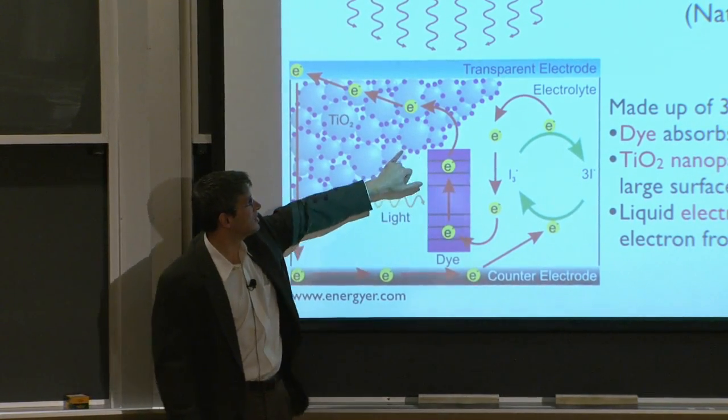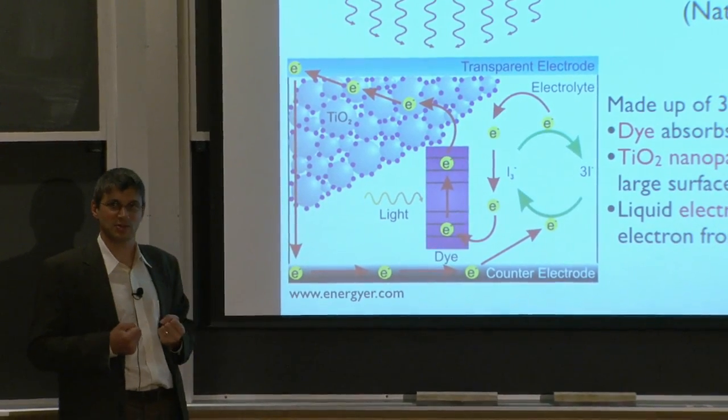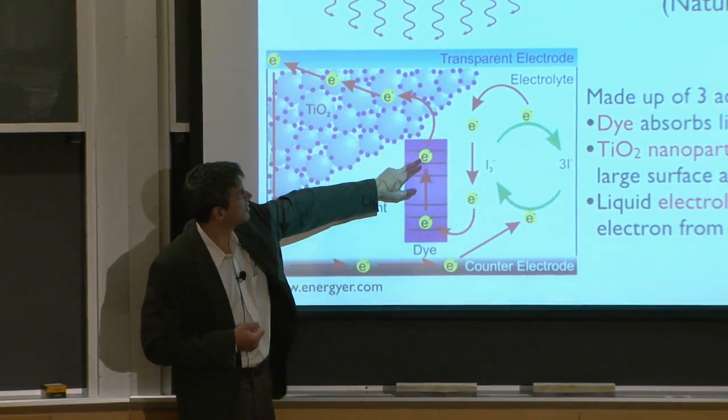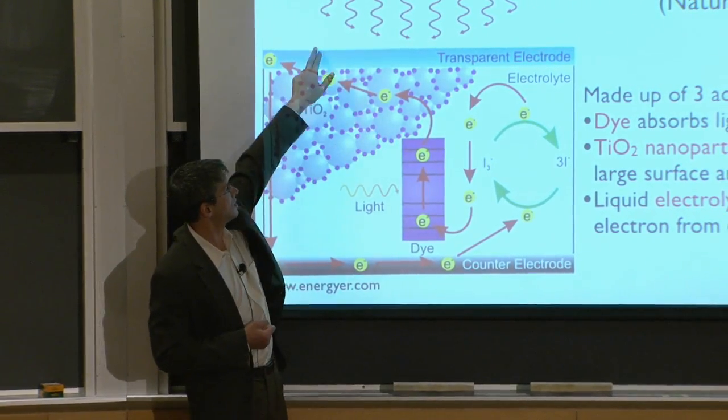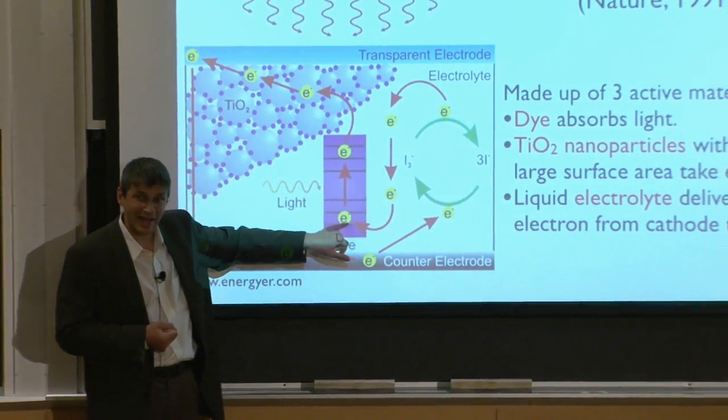And the dye, see, TiO2 by itself wouldn't absorb light very well, so the dye helps you kick the light absorption up. So that really helps. So the light is absorbed here, and then the electron transfers to the TiO2 and goes out here. And here's the problem, is you've got to get that electron back.